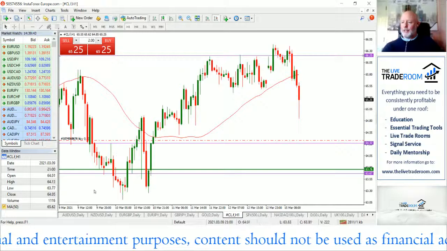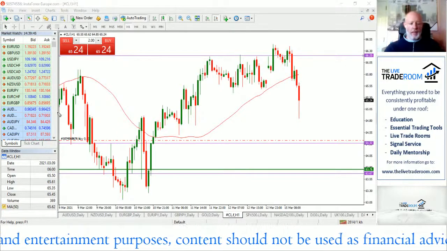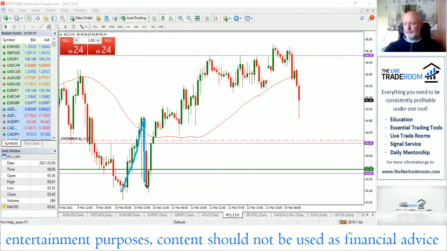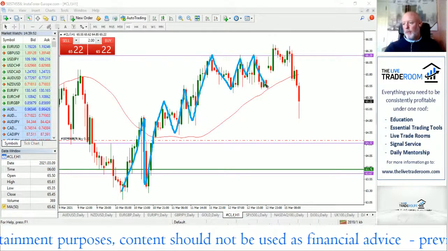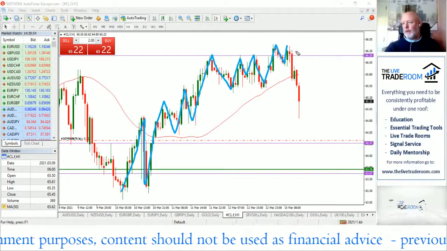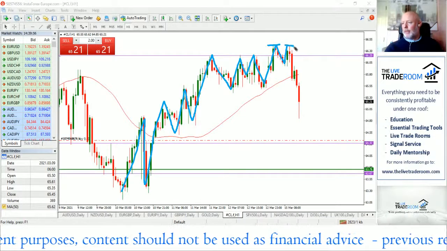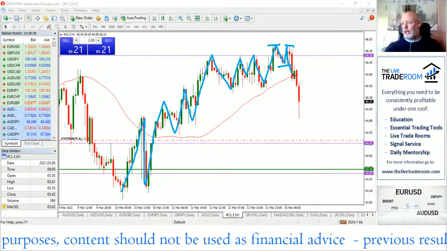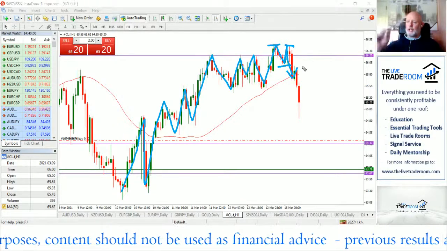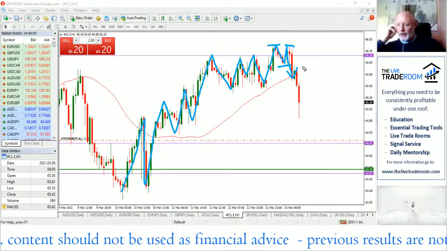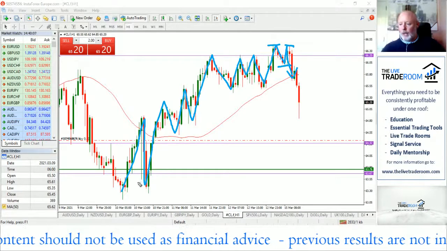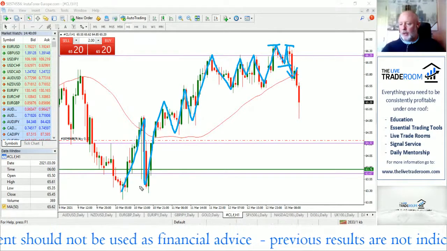So what we can see is we've got a series of higher highs in this market, which is what we'd want to see. Then we failed to make a new high at this point, and we actually see this little bit of rollover price action to the downside. So that's your first major structural failure since the 10th of March, so since last week.